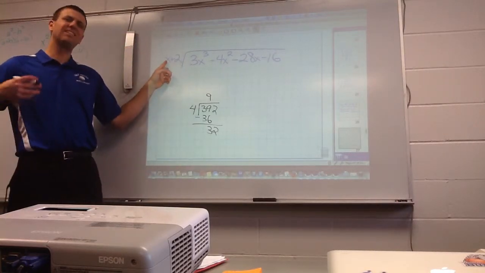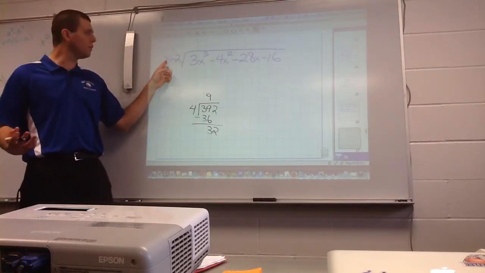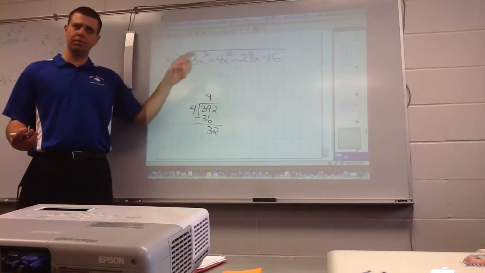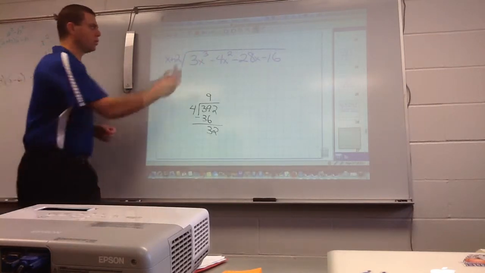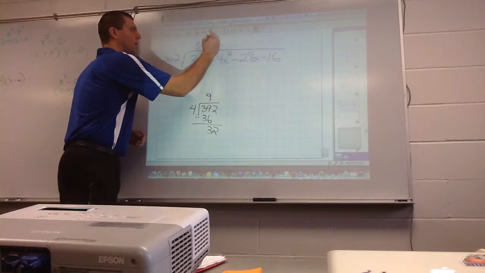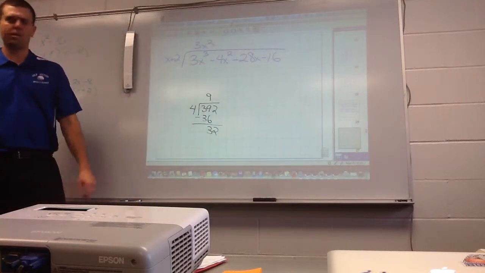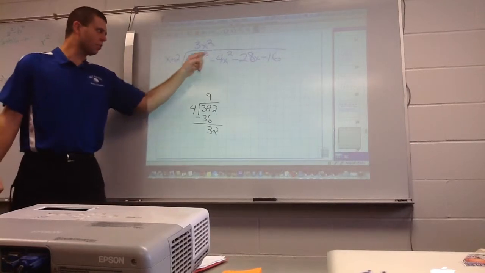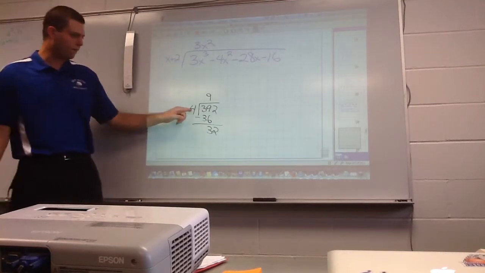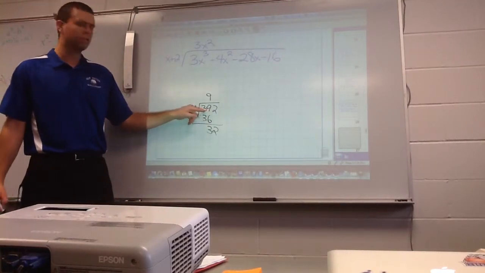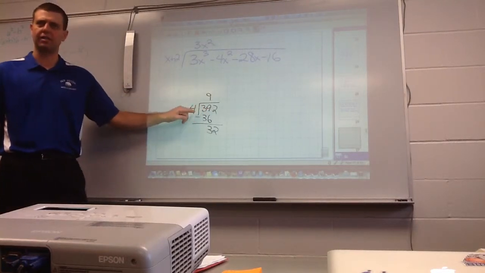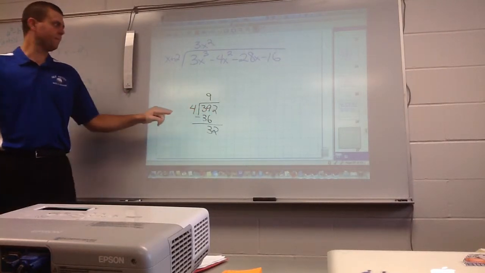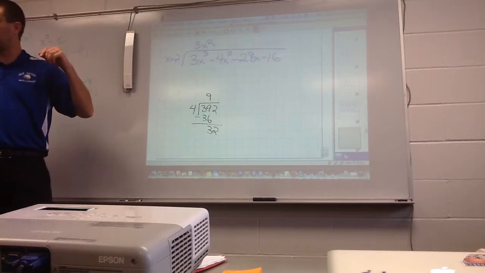Because x times what would give you 3x cubed? 3x squared. So I can put my 3x squared right on top. Again, you think x times what gives me 3x cubed, just like you thought 4 times what gets me as close as possible to 39. So far so good?